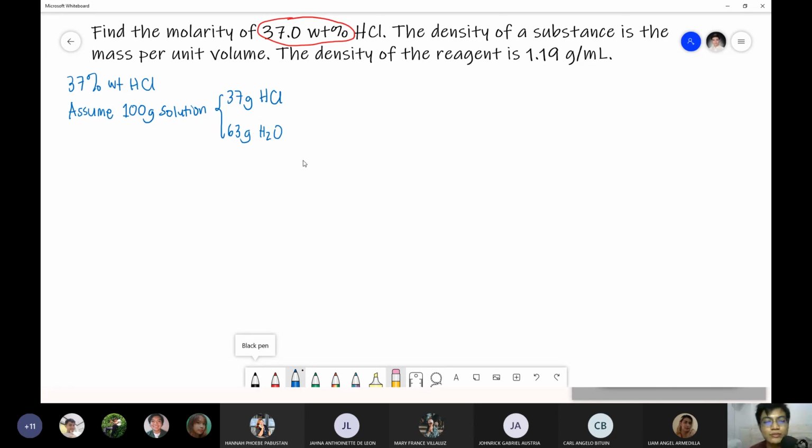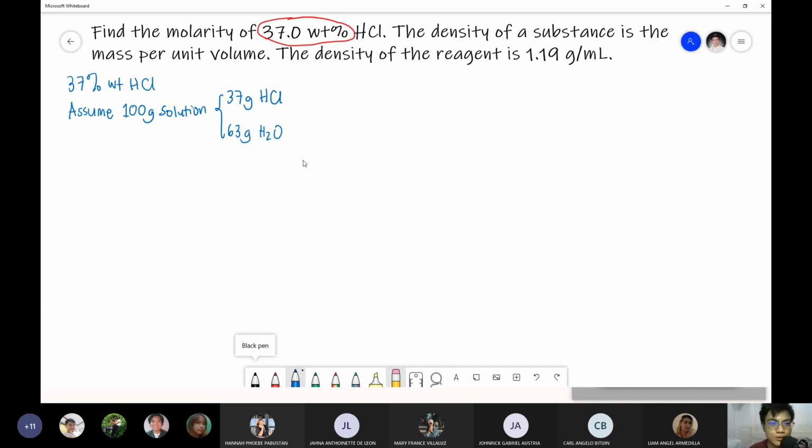Okay, so yun yung unang gagawin. Whenever you see percent weight, percent volume, ang tanong is to convert it into other concentration unit. Always assume 100 grams or 100 ml solution. So that whatever the percent concentration is, yun na yung kanyang mass.